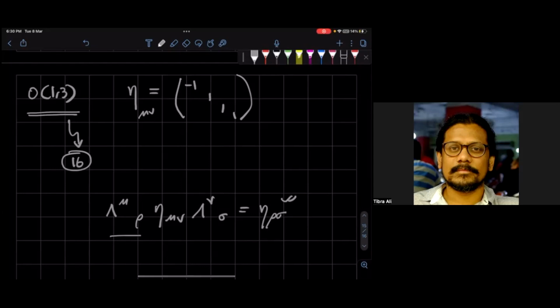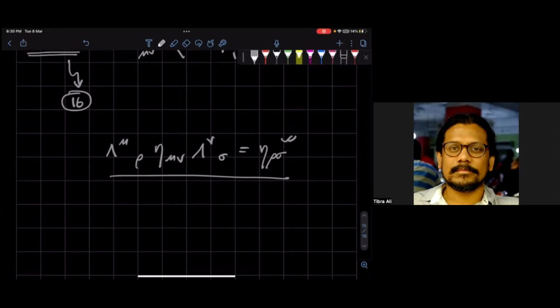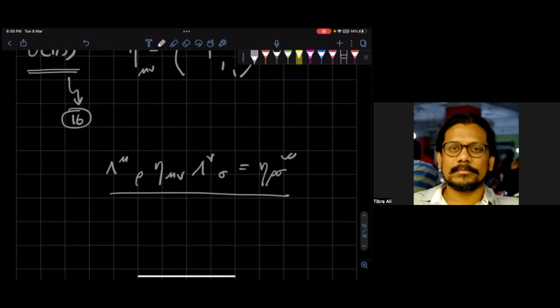So the counting here is exactly the same as the counting of O(N). Here we will have the same number of constraints as before. In this case, the number of constraints would be 10.